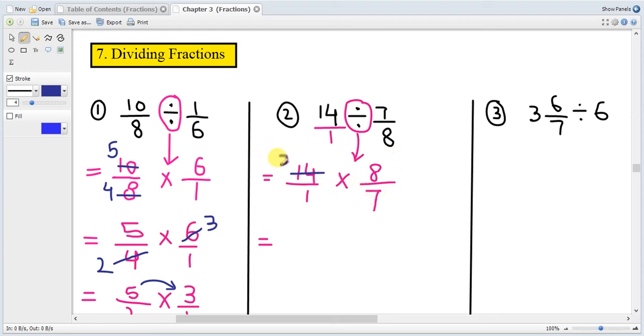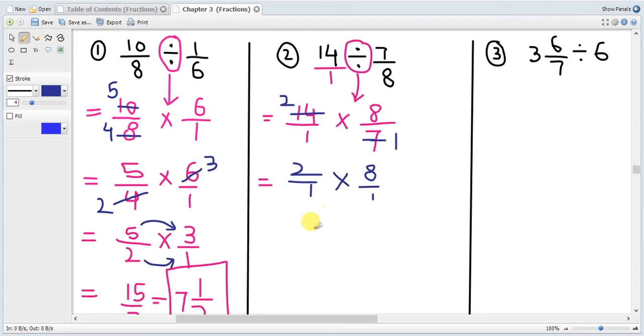So 2 times 7 is 14 and 1 times 7 is 7. So I simplified it on a times table of 7. So write the new fractions as it is down. So this is 2 over 1 times 8 over 1. So now can this be further simplified or not? No, this cannot be simplified.